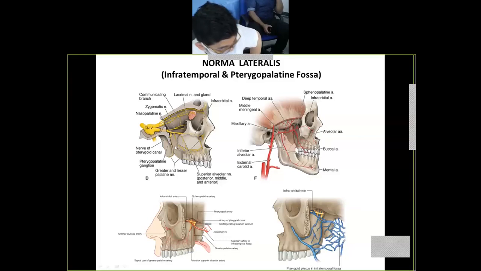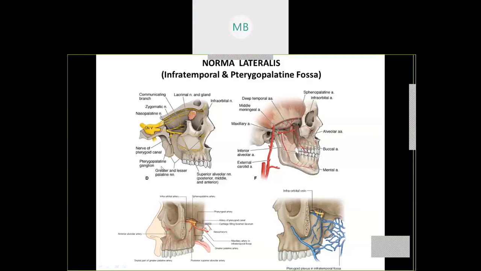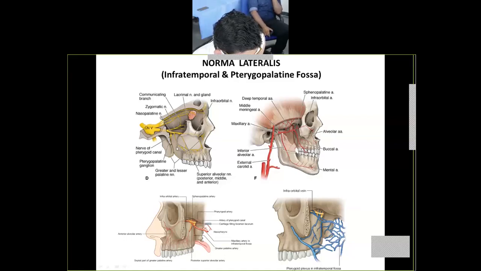Palatine bone. No. See, this is the infratemporal fossa, anteriorly guarded by the posterior aspect of the body of the maxilla. So what bone is this? What does the prominence of your cheeks do? This is the cheek, isn't it? The prominence. This is the maxilla, isn't it? This is the maxilla. And this was the sphenoid bone.